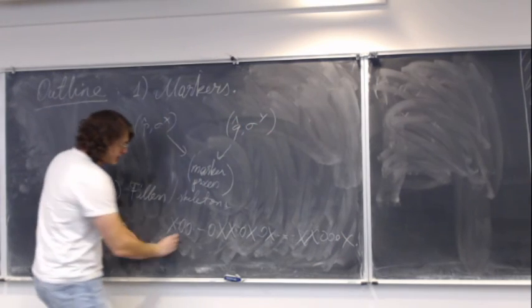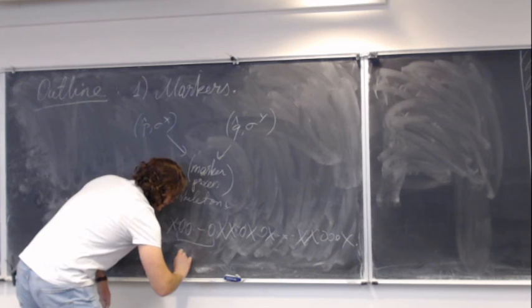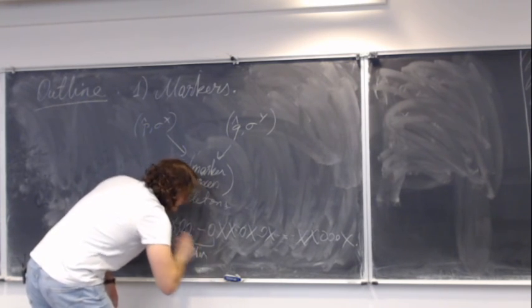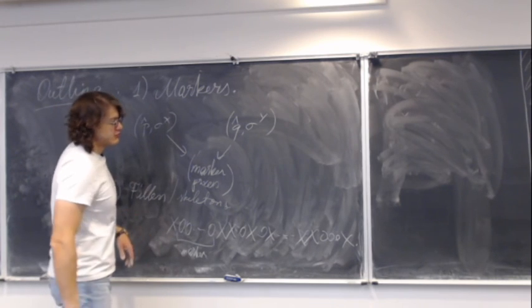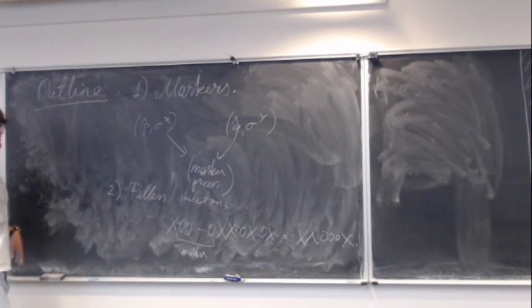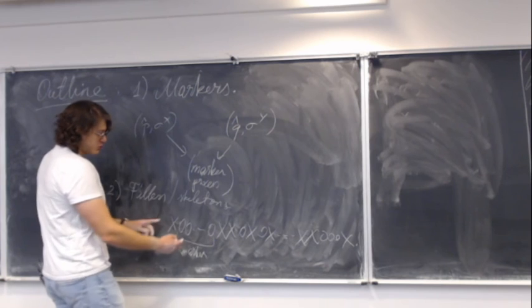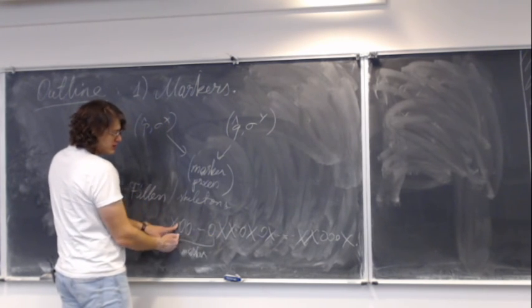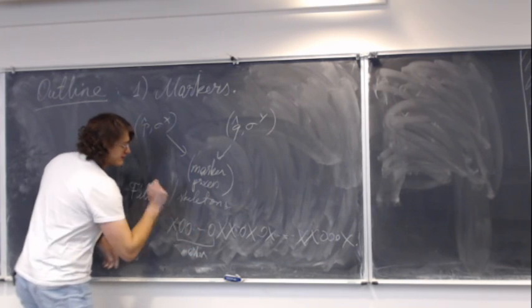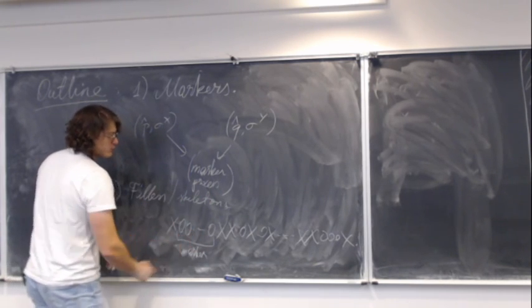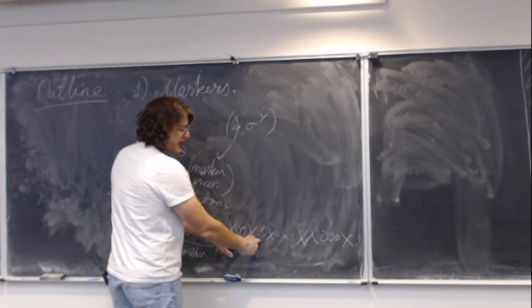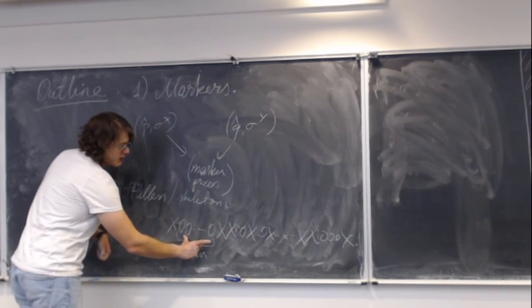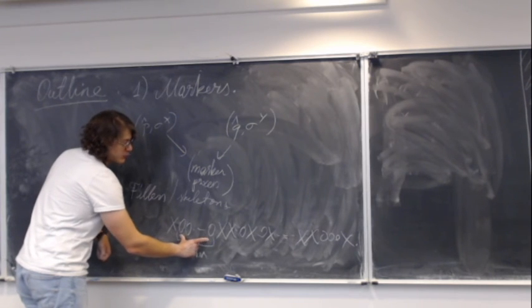Okay, so this part, for instance, corresponds to the marker, and this reminds me of genes and all that stuff. So you have a large number of markers that tell you, okay, this is where your skeleton starts. And then in between, you can still have markers, but their lengths cannot be as long as this.